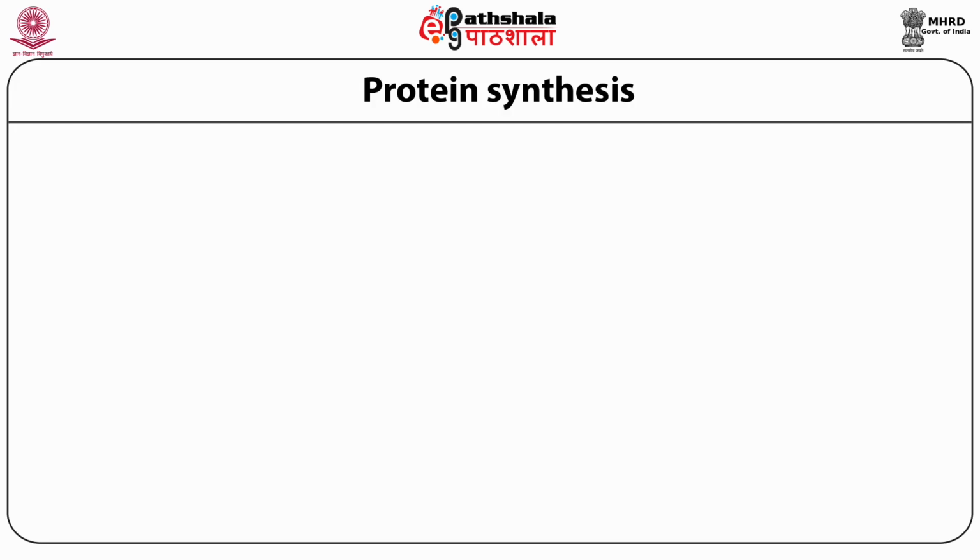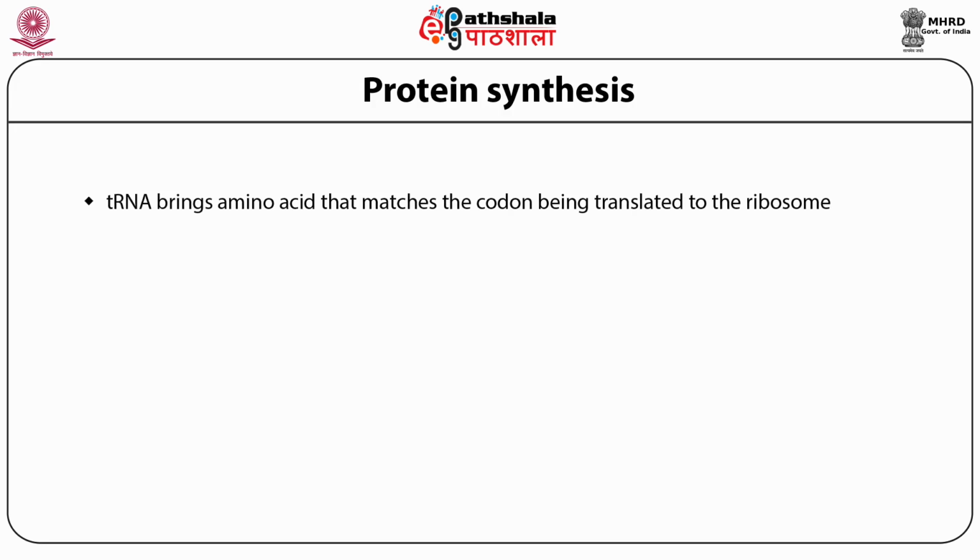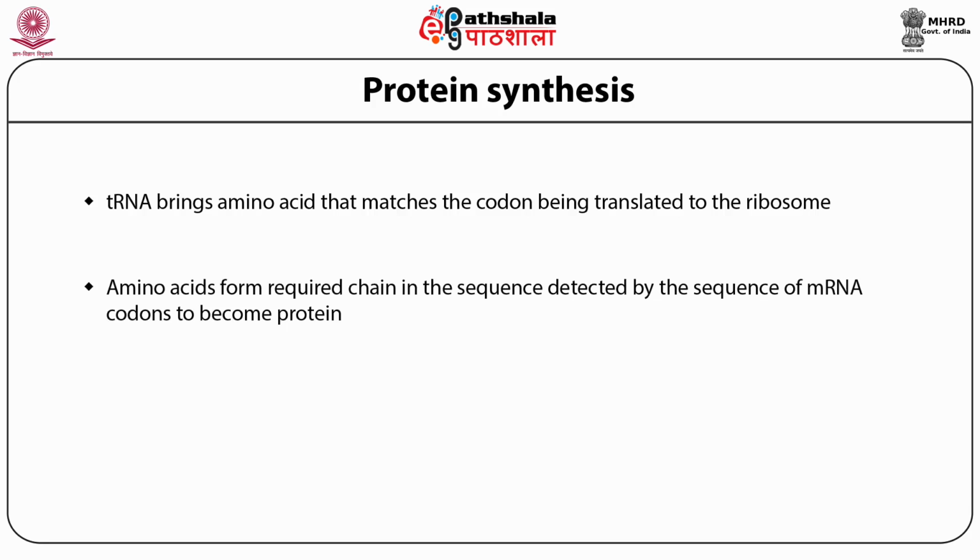Each tRNA molecule binds to one specific amino acid. These tRNA molecules take the amino acid that matches the codon being translated to the ribosome. These amino acids join together in the sequence dictated by the sequence of mRNA codons. In this way, amino acids form the required chain to be a protein.